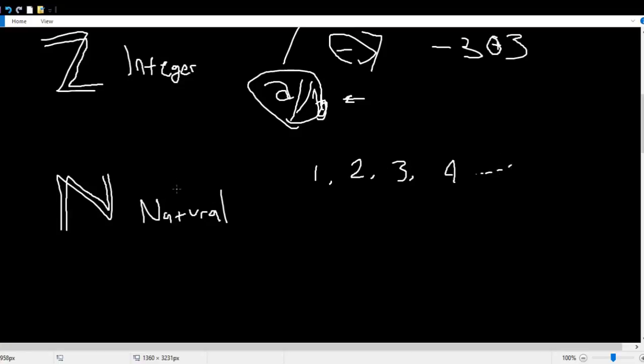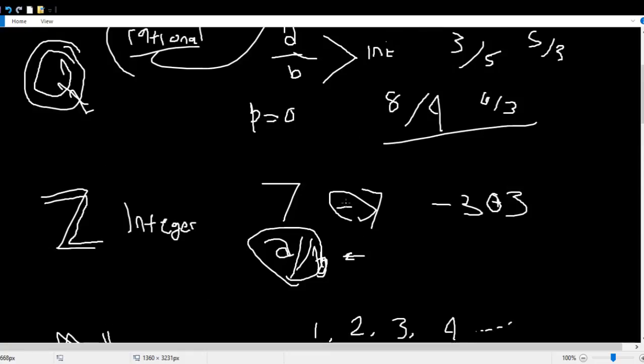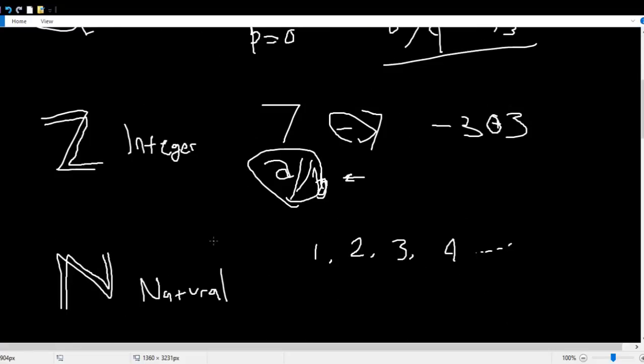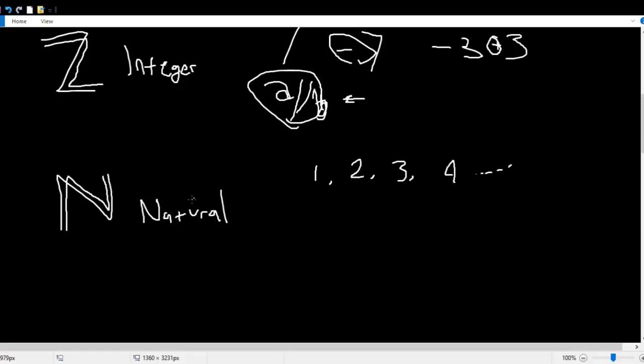When you're talking about naturals and you count, you don't necessarily think of negative numbers or fractional numbers or even numbers that don't terminate, like e or pi. You don't think of those when you think of naturals. So that's just a way to remember what types of numbers you're dealing with. Just think naturally, you know?